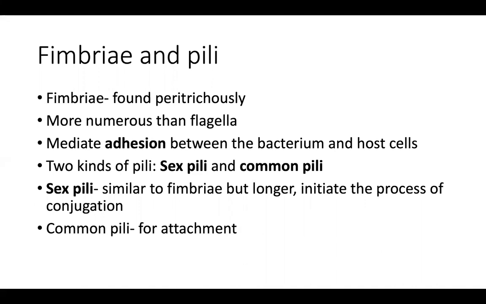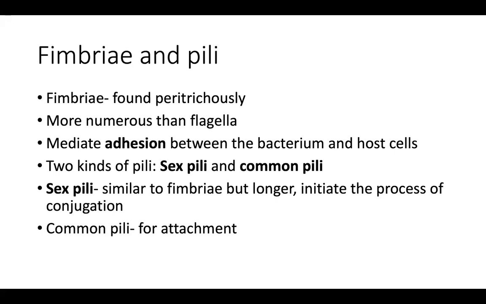And then you have the sex pili, which are similar to fimbriae but are longer. They are so called because they initiate the process of conjugation. Of course, bacteria do not reproduce through sexual reproduction, but the sex pili are important in the sharing or the transfer of different kinds of material.